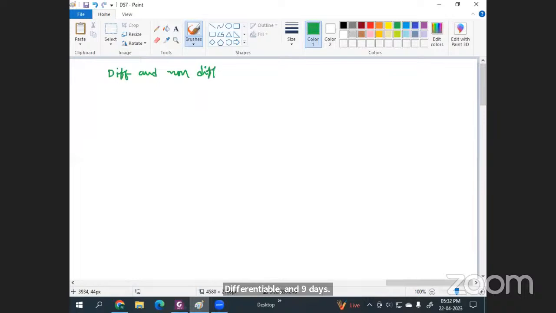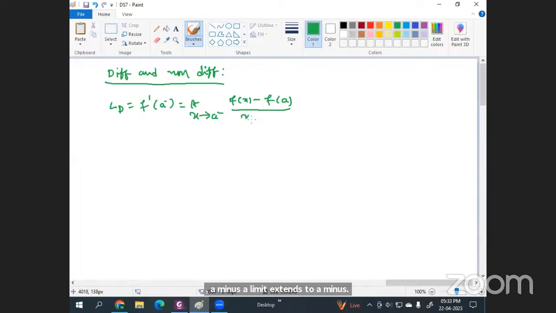Left hand derivative, f dash of a minus, equals limit x tends to a minus of f of x minus f of a by x minus a.